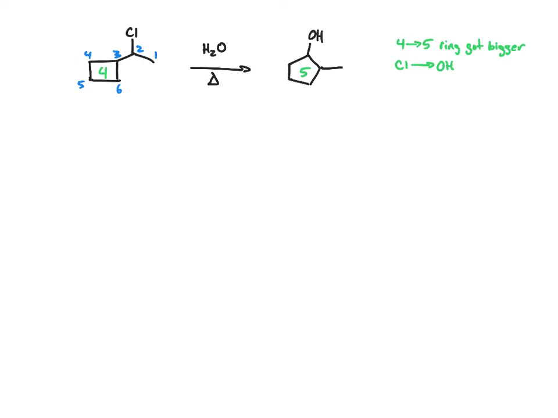So I'm going to number this the correct way, because I don't want to show both and cause any confusion. So the methyl group is obviously going to be 1, then we go to 2, so I'm going to go up, call this 3, 4, 5, 6.